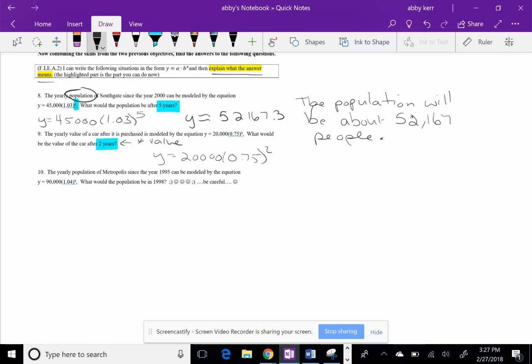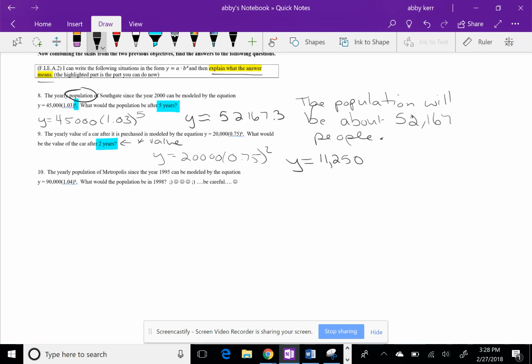Now when you are doing this on a calculator, even though you have 20,000 separated with a comma, you do not want to put that comma in the calculator. So 20,000 times 0.75 raised to the 2 power, because we're talking about after 2 years. So the calculator outputs 11,250.